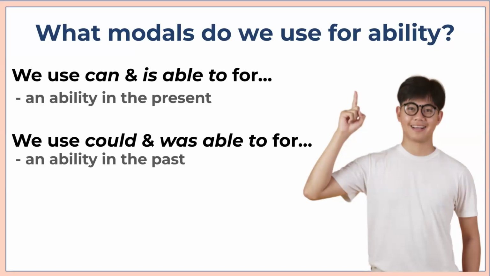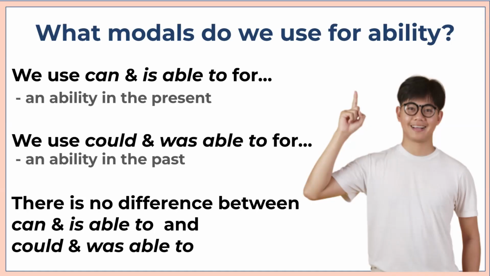So I would say, I am able to, you are able to, he, she, it is able to, we are able to, you are able to, they are able to, right? Same for was and were. I was able to, you were able to, he, she, it was able to, we and they were able to.